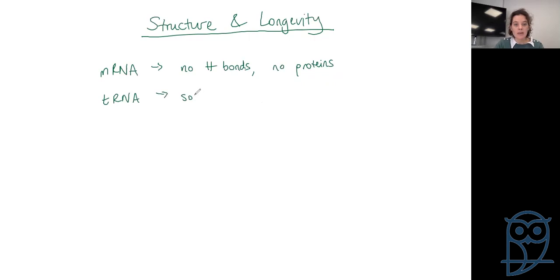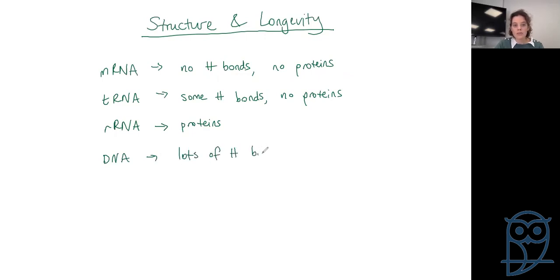Here we have some hydrogen bonds, but we don't have proteins. Ribosomal RNA, here we're making an organelle. Here we have proteins involved. In DNA, we have lots of hydrogen bonds. We have a lot of strength in that double helix protecting that code.